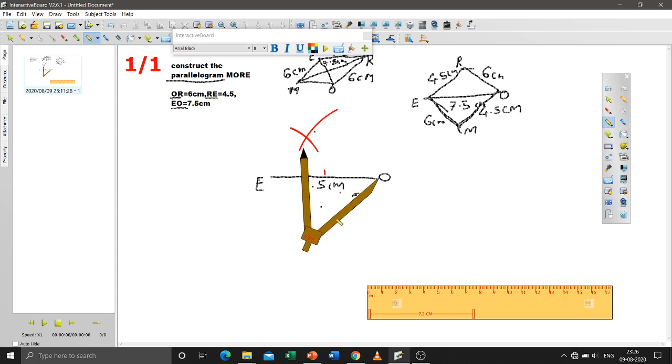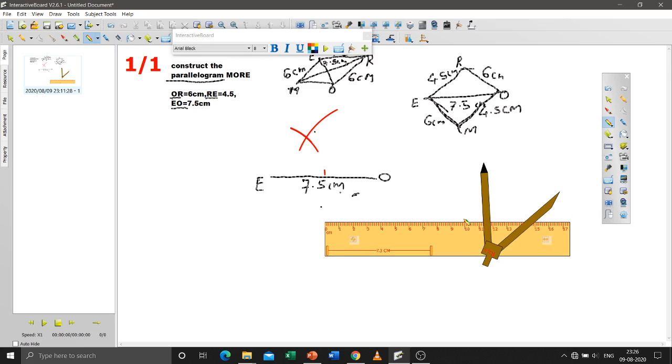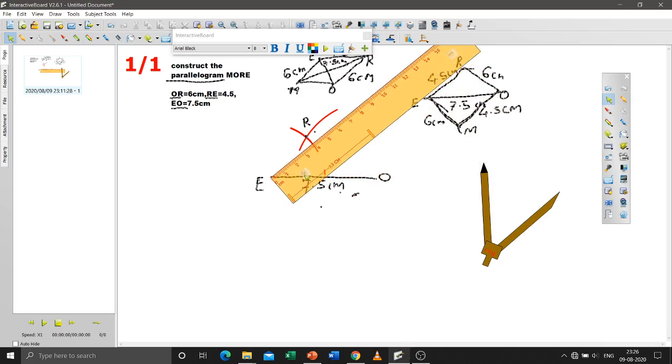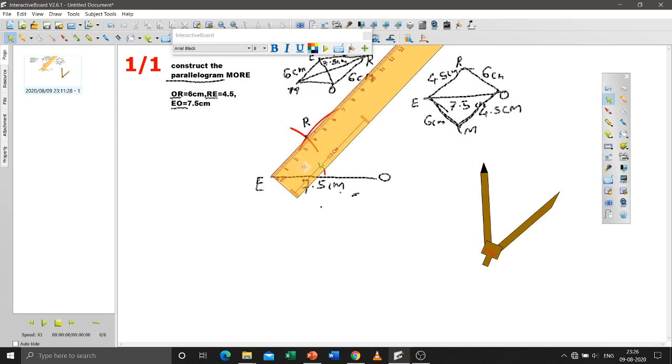Now let us mark the intersecting point of the arcs as R. Now, with the help of the ruler, we'll join E and R. You can see how we have to adjust our ruler.